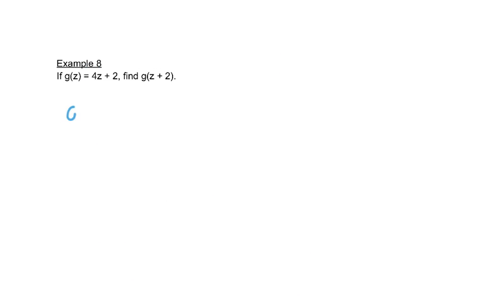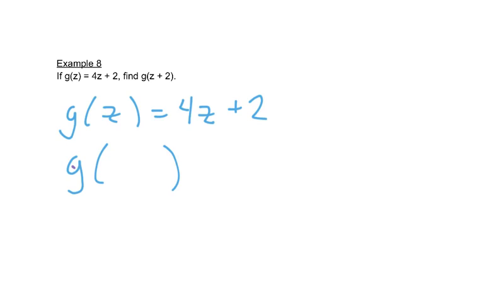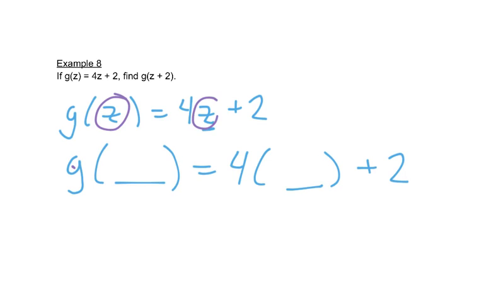So here I have g of z equals 4z plus 2. So here's how I normally do it. I do g, and then I leave parentheses with a big gap here, equals 4, and then instead of that z, I'm going to put parentheses with a gap there, plus 2. So instead of this z and instead of this z, I'm leaving a space. Now this over here tells me what I want to put into that space. It says put z plus 2 in that spot.